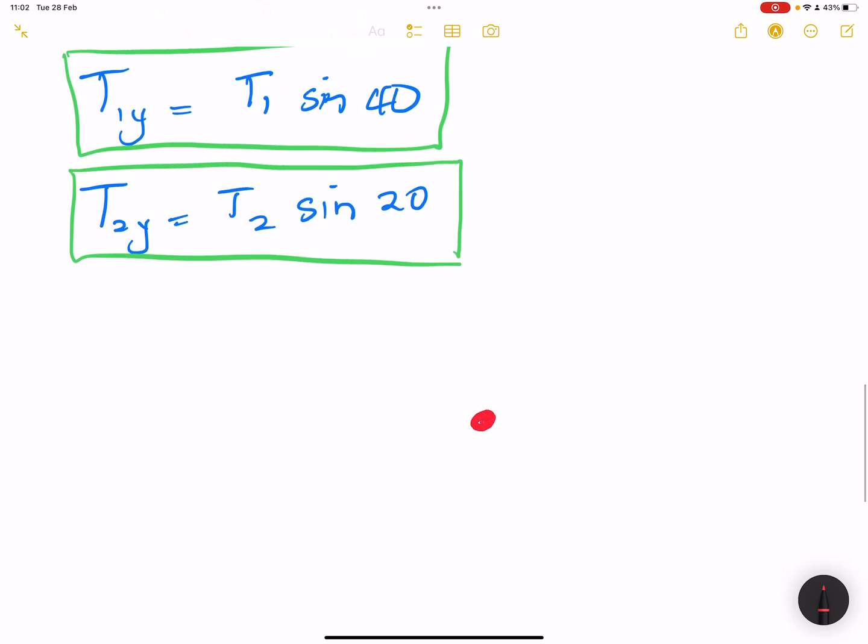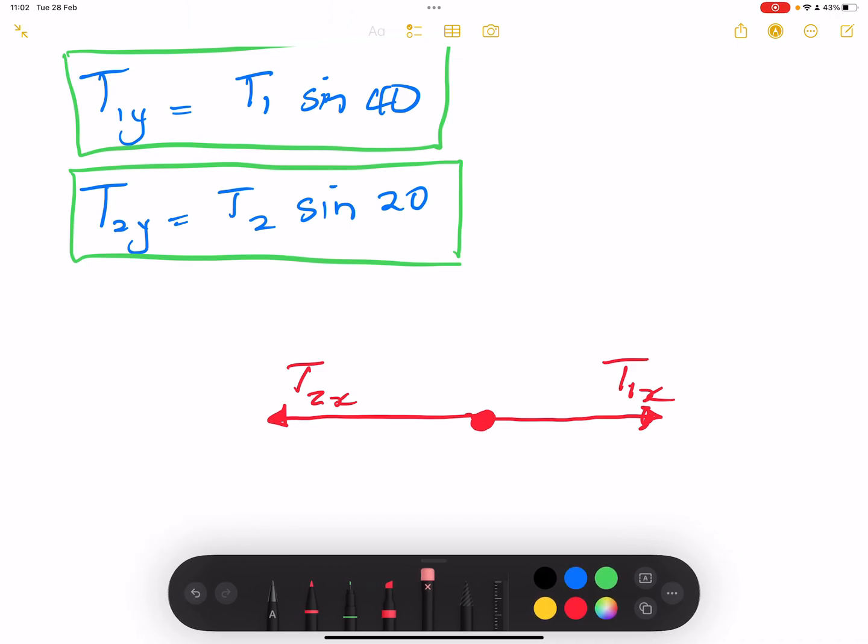Our horizontal forces are T2x acting in that direction, as well as T1x acting in the opposite direction. I'm not suggesting in any way that they're equal. One of them probably is bigger than the other.